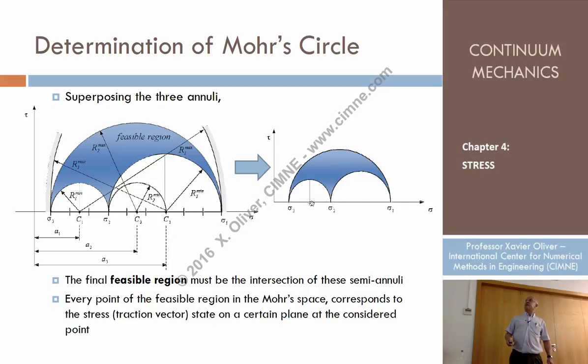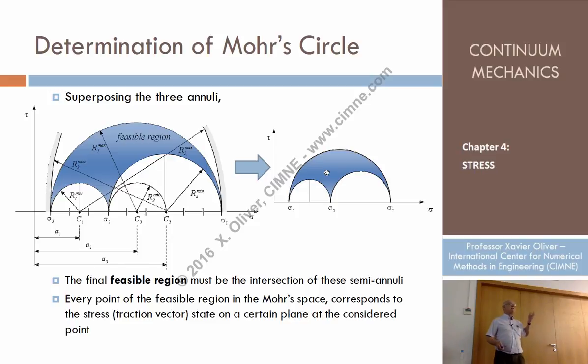So I could take the center on sigma 3, sigma 2, so 1 half circle passing by sigma 3, sigma 2, 1 half circle passing by sigma 3, sigma 1, and 1 half circle passing through sigma 2, sigma 1, that one. And the region inside this is the feasible region, the intersection of all possible regions that we call the feasible regions.